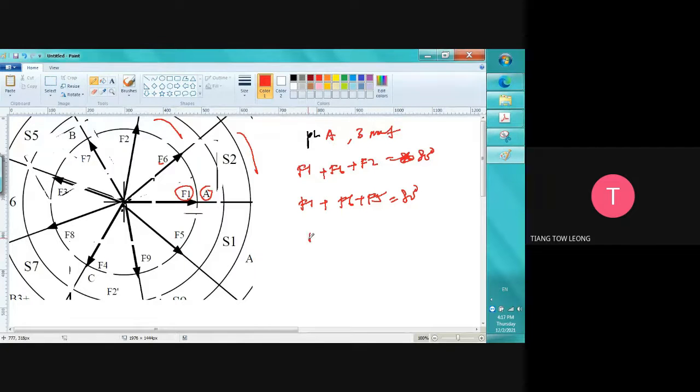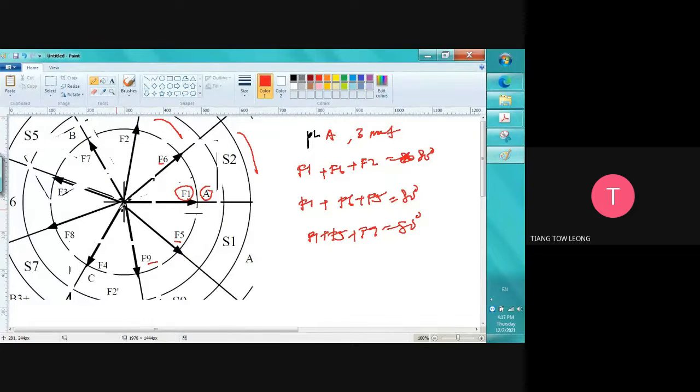We also can choose F1 plus F5 and F9, which is 80 degrees. Up to here, understand or not?